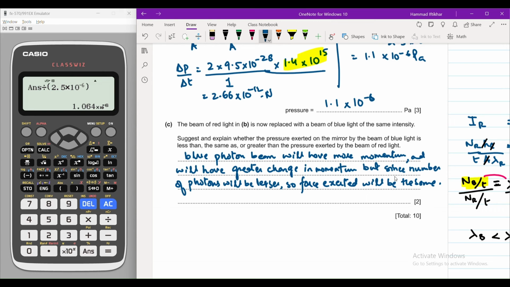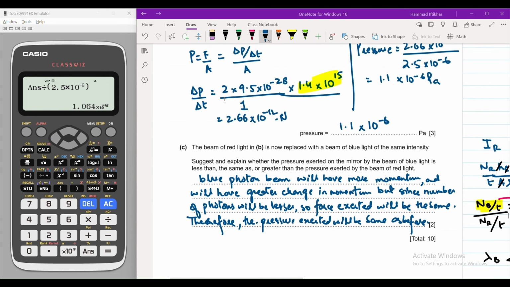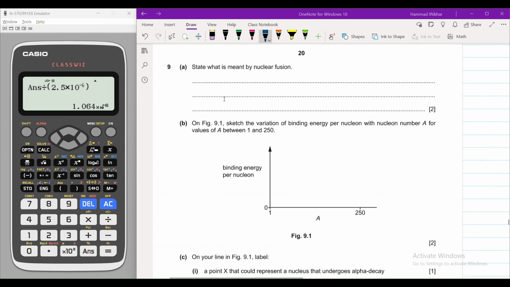So the total rate of change of momentum will be the same. Therefore, the pressure exerted will be same as before. Okay, all right, moving on.